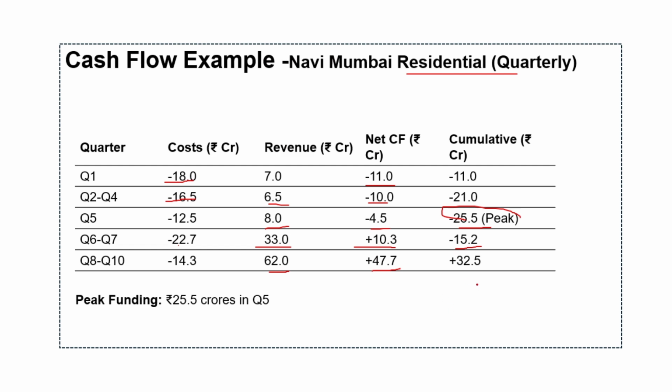This pattern shows the typical residential development cycle, where early negative cash flows are recovered through sales execution in later construction phases. So successful cash flow management requires conservative funding for peak requirements and effective sales marketing strategies to achieve projected revenue timing. Right?